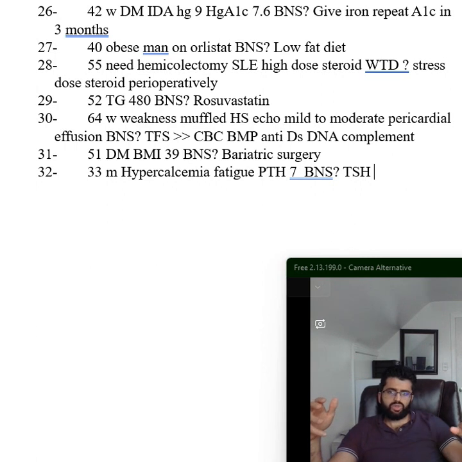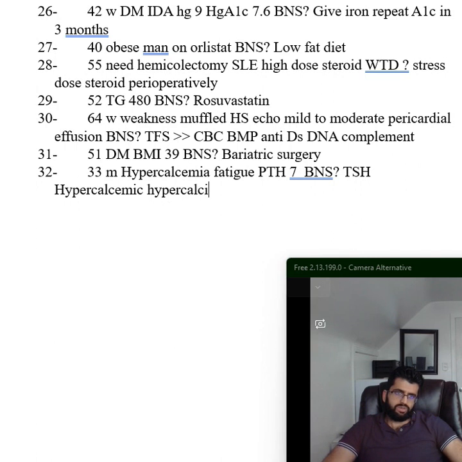This in return decreases renal calcium reabsorption and causes high calcium in the urine. So thyroid hypercalcemia causes hypercalciuria. Okay, this is interesting to know.